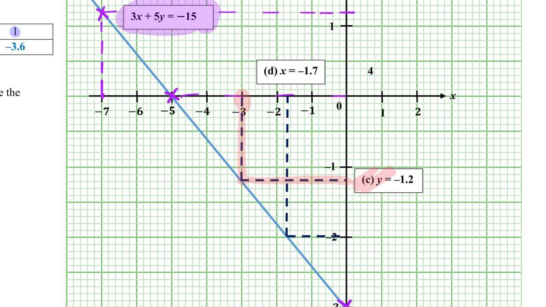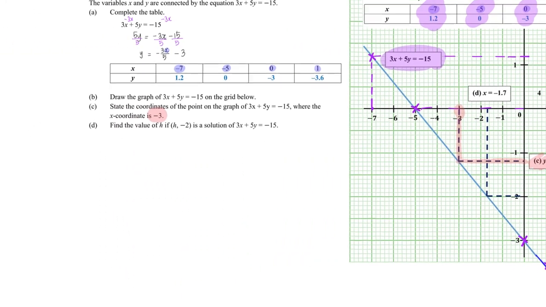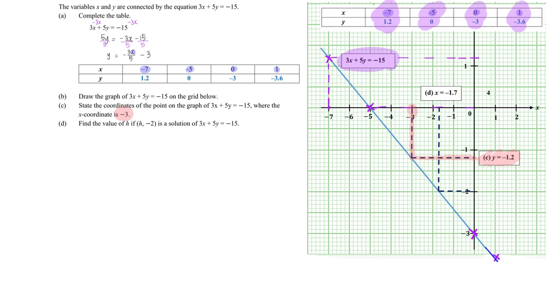That's where I can get my answer. It corresponds to negative 1.2. And therefore, for part C, the coordinates will be negative 3, negative 1.2.